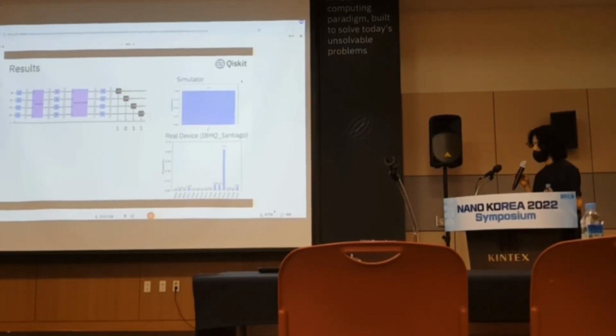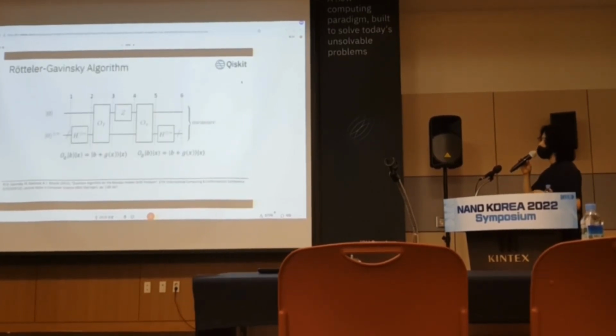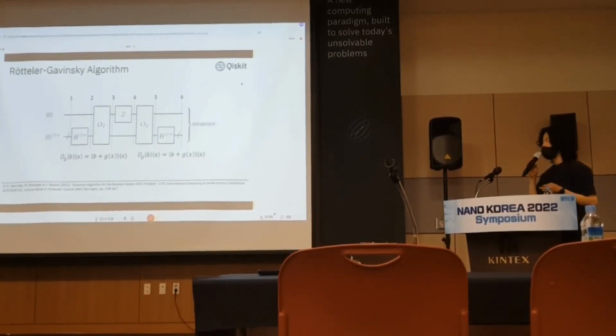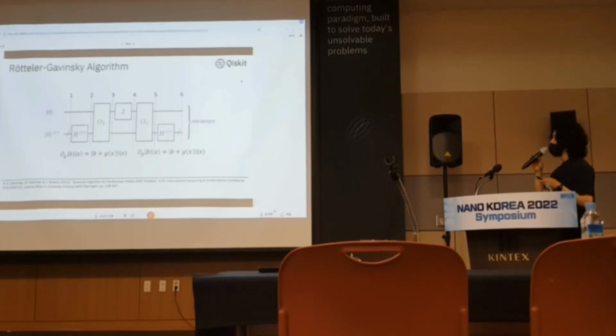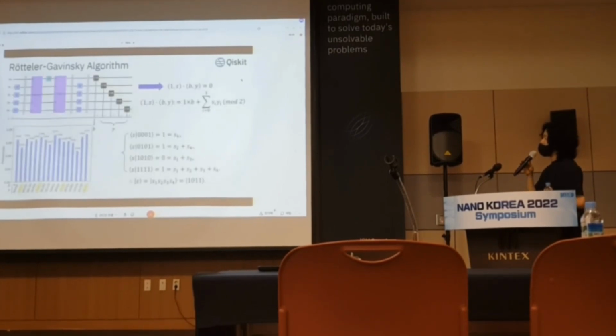And this is the Gavinsky-Roetteler-Roland algorithm. As I mentioned before, in this case, we cannot access the dual function f tilde. Here is the circuit.